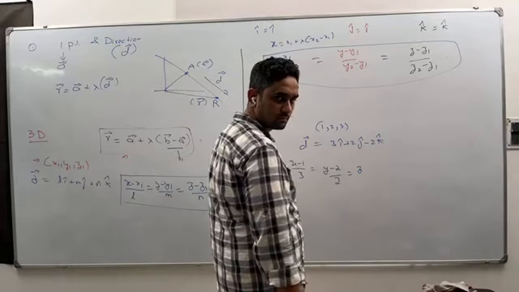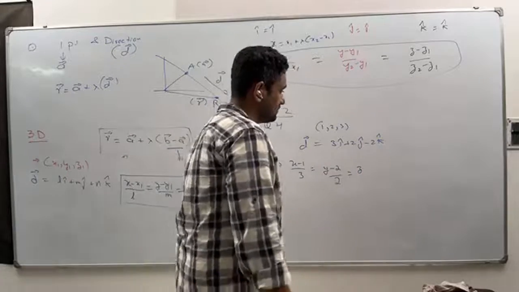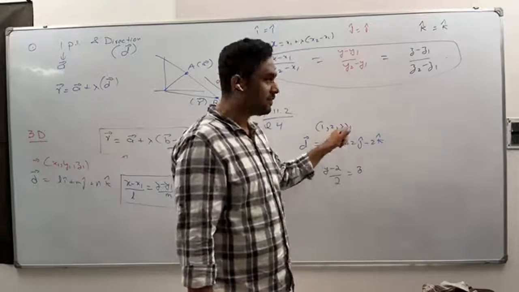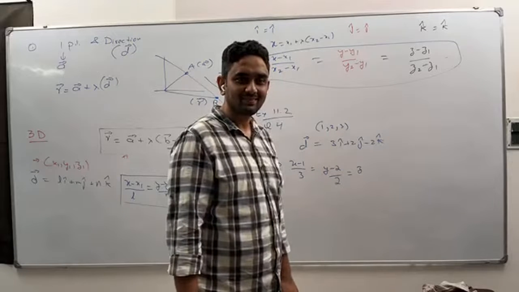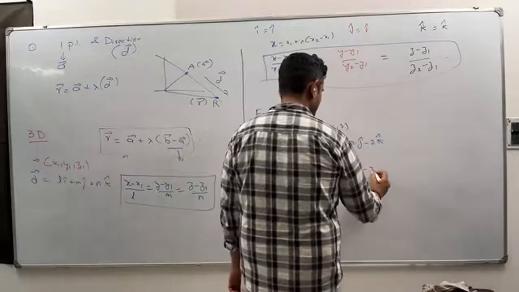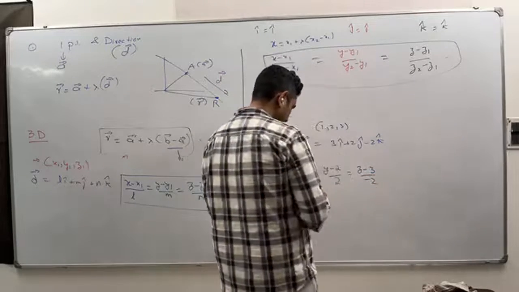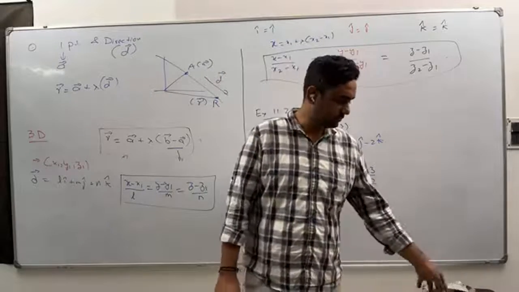I said minus of minus. Okay, (z plus 2) by minus 2. Sorry, (z minus 3) by minus 2. Alright, this is what we will get. All of you are clear?